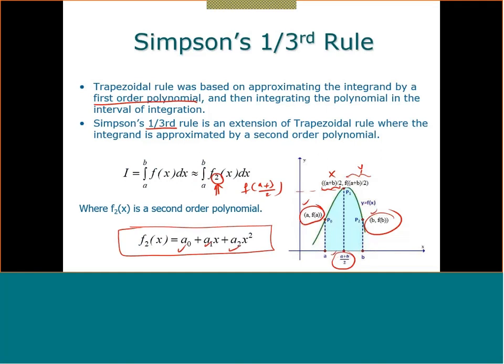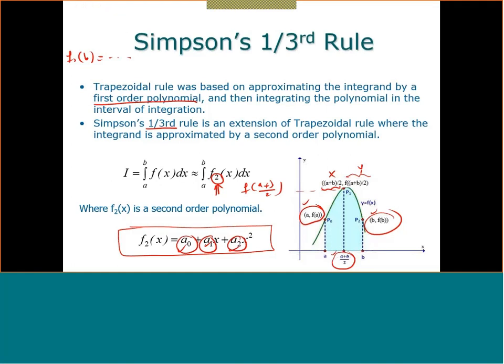Now instead of having f2 of x, I will have f2 of a equal, f2 of a plus b over 2 equal, and f2 of b equal. So I will substitute the x with a, a plus b over 2, and b. Then I will have 3 equations, and the unknowns now a0, a1, and a2. Everything else is known to me. Then I will solve these equations.